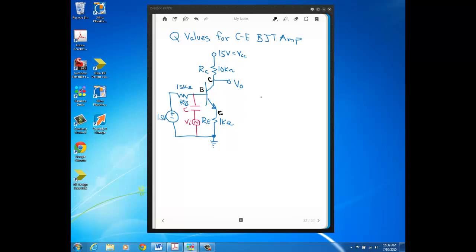Alright, to start with, this analysis will take a couple of videos, and we're just going to do a portion of the analysis in this video, and that's to find what are called the Q values, where Q stands for quiescent.